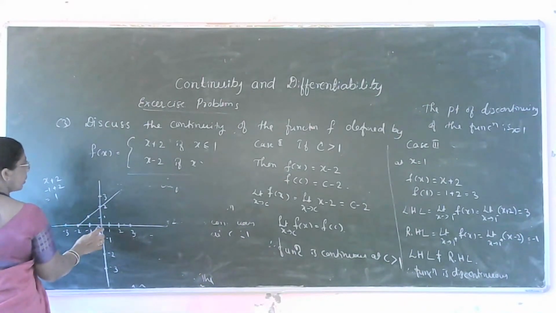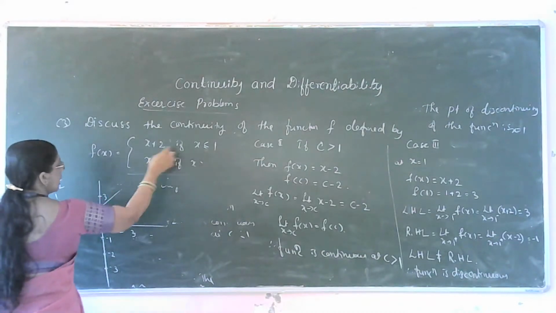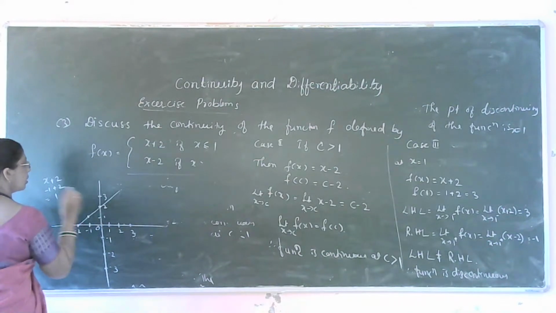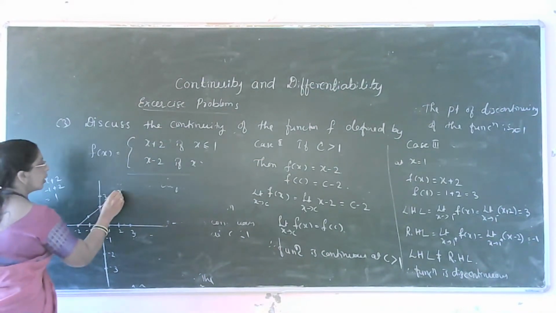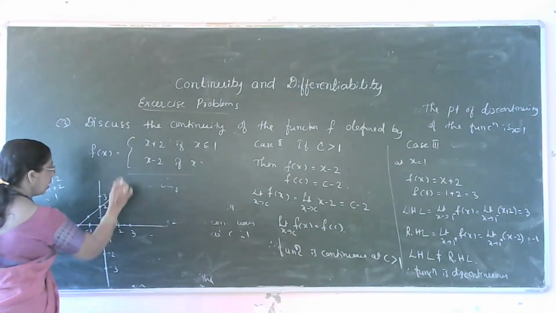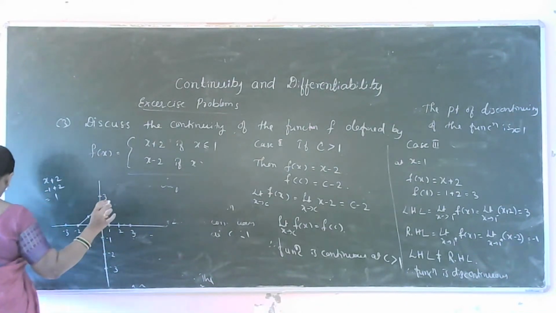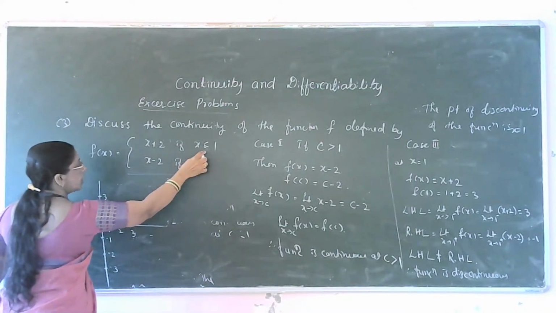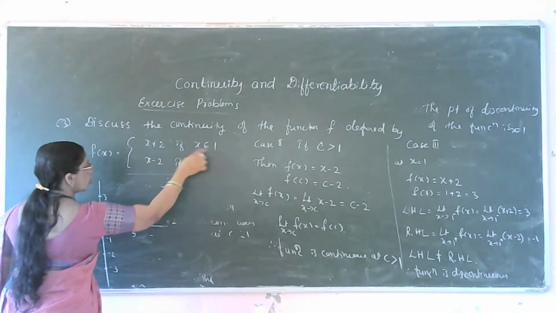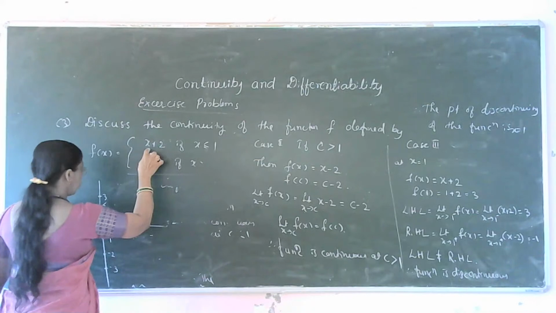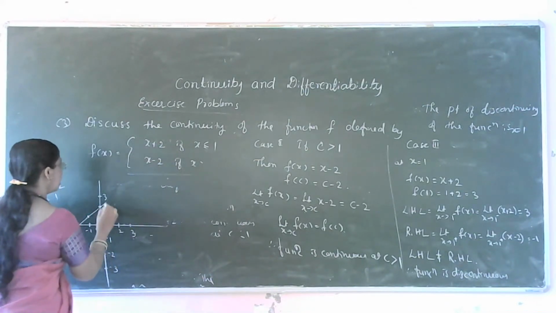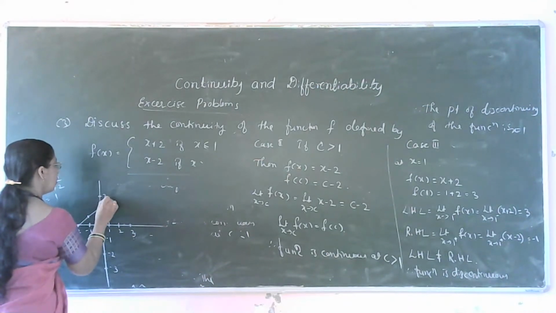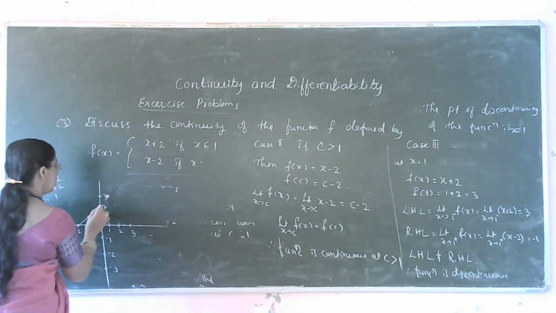At x equal to 0, 0 plus 2 is 2. At x equal to 1, the function is defined, 1 plus 2 is 3.